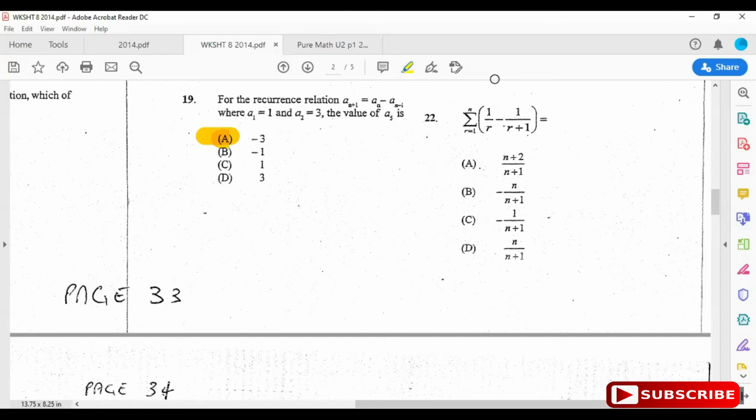So let's look at it using the method of differences. We want the sum of 1 over r minus 1 over r plus 1, from r equal 1 to n.